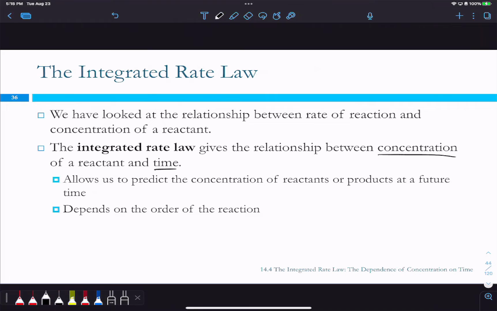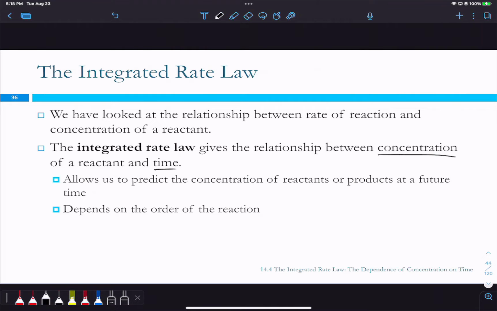As the reaction proceeds, we can now predict out to the future with the integrated rate law what the concentration will be at a future time. We could even go backwards and say what the concentration would have been earlier in the reaction.